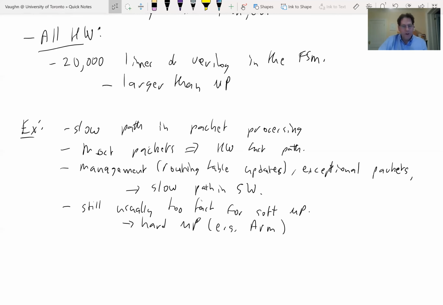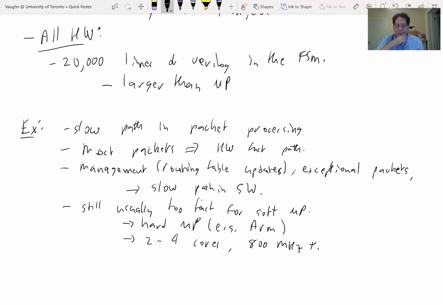so commonly ARM, and these are, depending on which chip you're talking about, 2 to 4 cores and 800 megahertz plus. Whereas soft processors usually run at 300 megahertz. In the latest chips, maybe that's rising to 400.